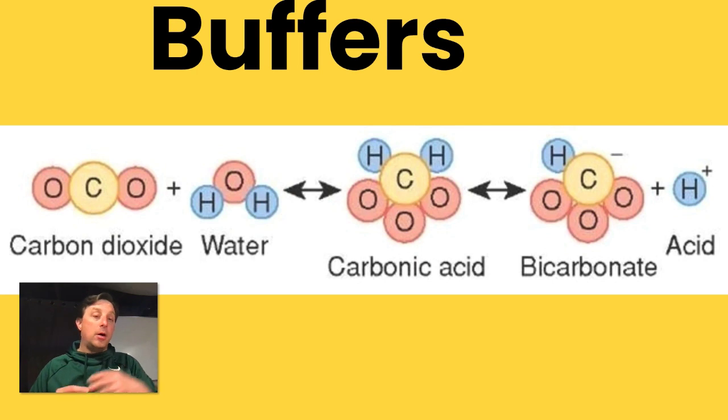When additional hydrogen ions are added to the blood, they will react with the bicarbonate ions and form more carbonic acid. If the pH of our blood gets too high, too basic, then the carbonic acid that's there will break down to form more bicarbonate and will release additional hydrogen ions to lower the pH back down.